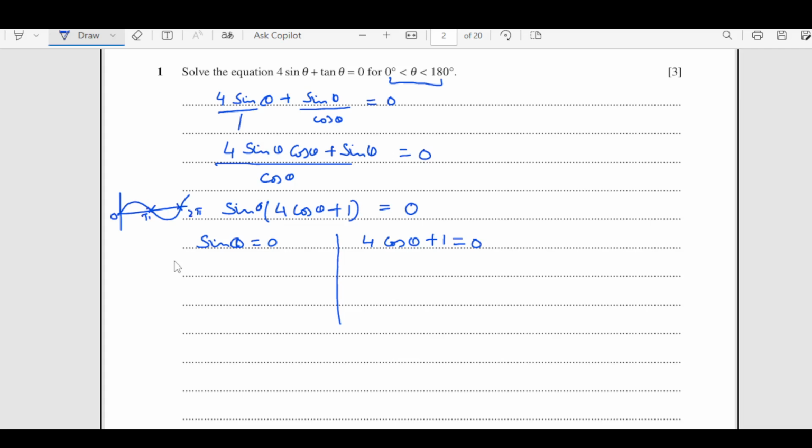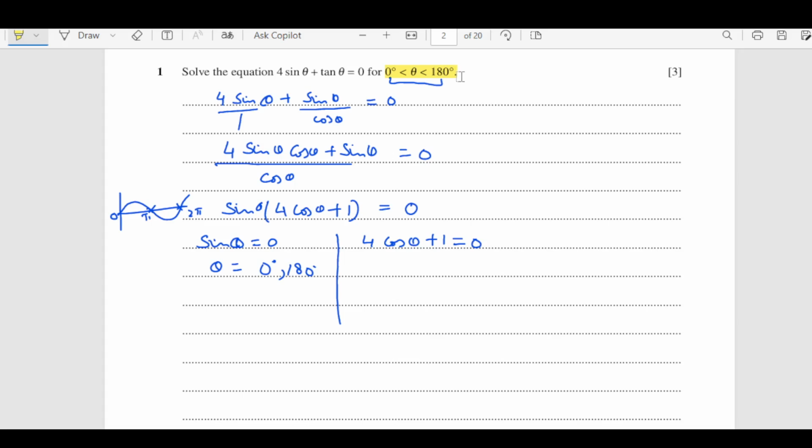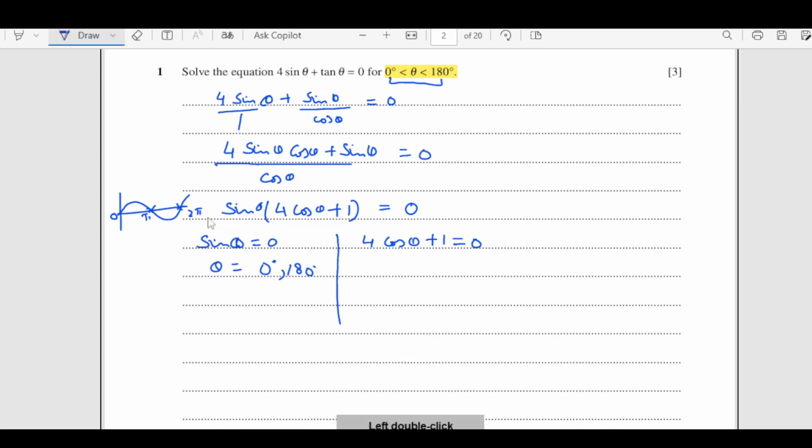So we have two options for the angle: one is 0 degrees, another one is 180. Now if we look at the range for our theta, there is no equal sign, it's only less than, so neither of these two can be the answer, so we have to reject both. There is no solution in this region, so we are not going to take this one.